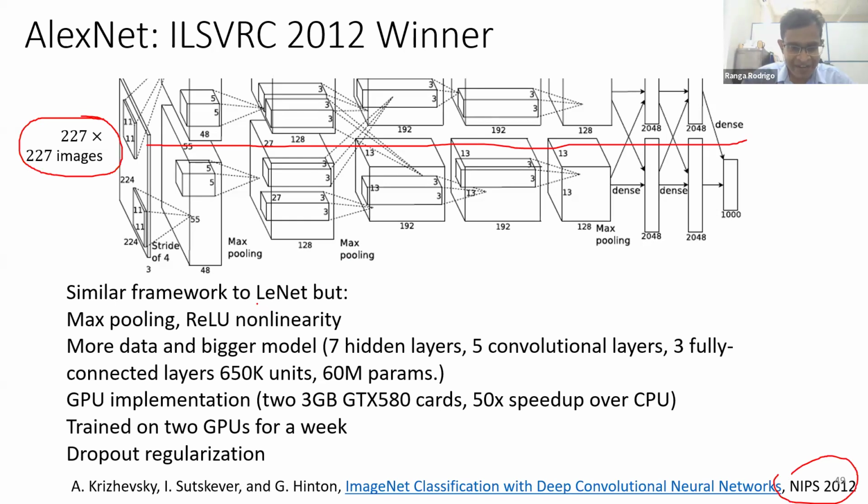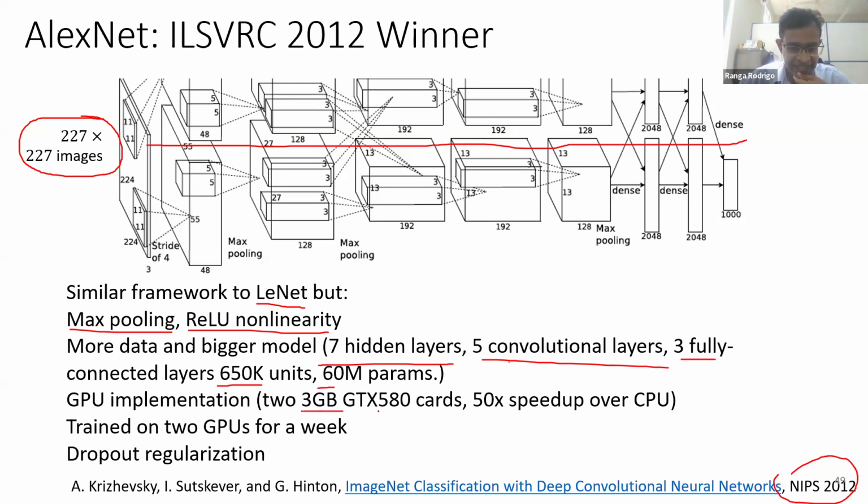It is similar to LeNet that we studied, but max pooling was introduced and the so-called ReLU nonlinearity, rather than the hyperbolic tangent nonlinearity that was there in LeNet-5. And then 7 hidden layers, 5 convolutional layers and 3 fully connected layers, giving rise to 650,000 units and 60 million parameters.